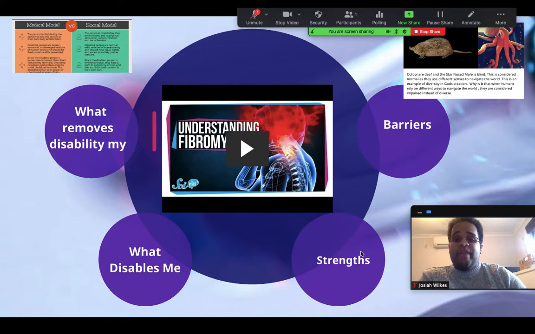Then we look at what disables the student individually. What are the things that stop the student from functioning? And then what can remove that disability? What can allow them to function?